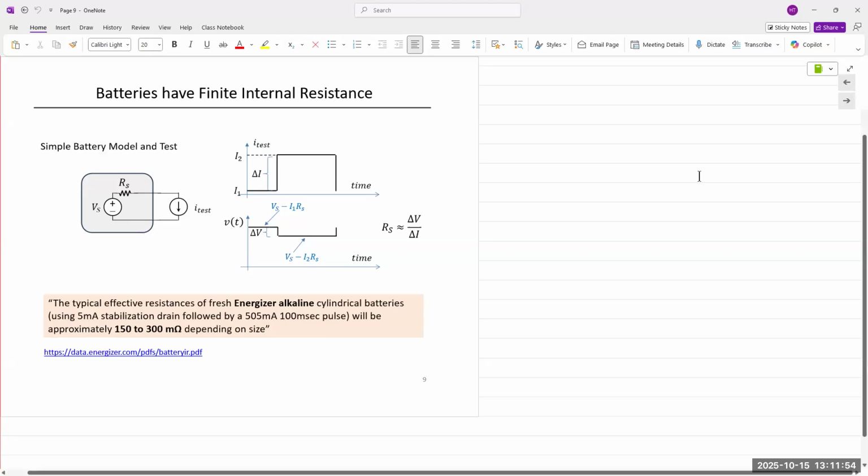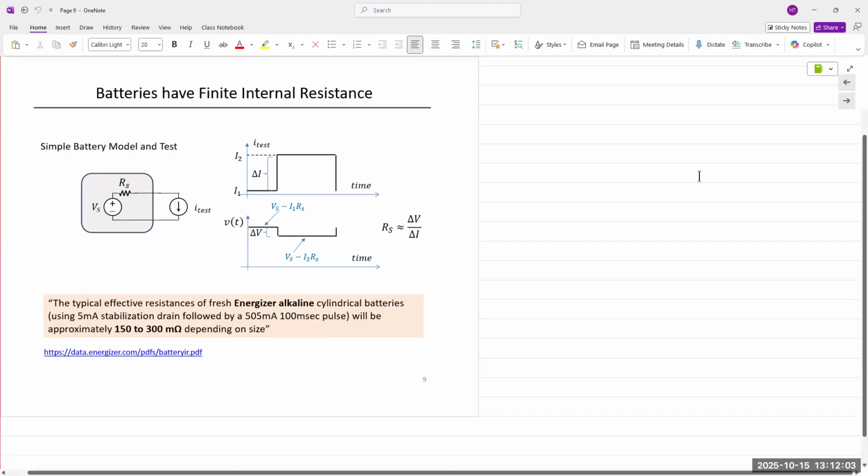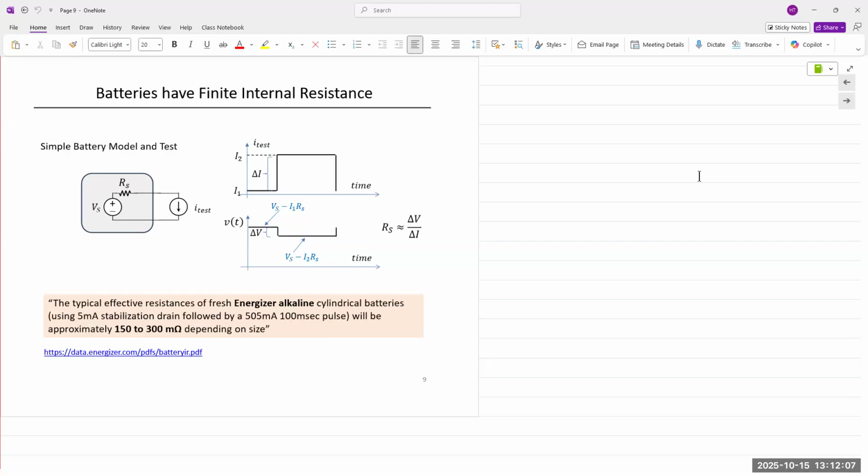All right. So if you take a standard battery, let's say like a AA battery, and we wish to measure the source resistance, what we can do is model the battery as a voltage source in series with a resistor, which is Rs. The value of the battery is rated at 1.5 volts. Rs is unknown.